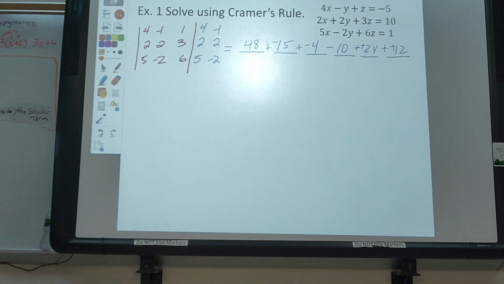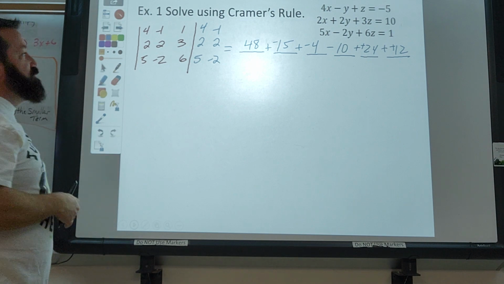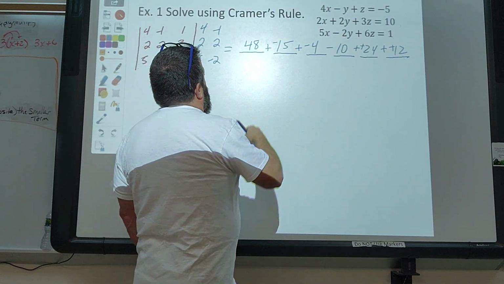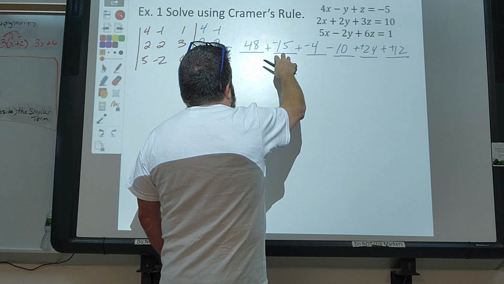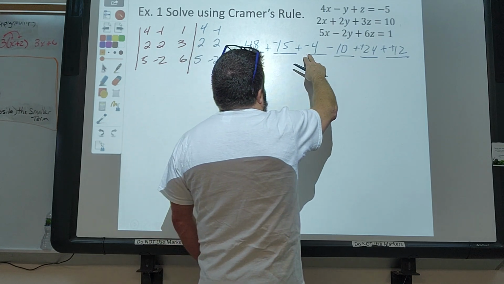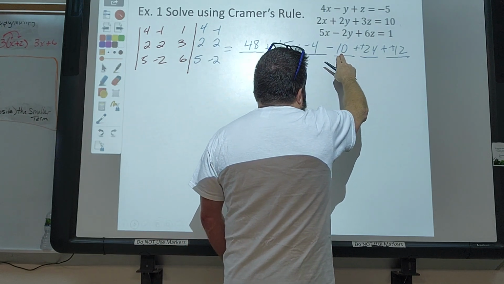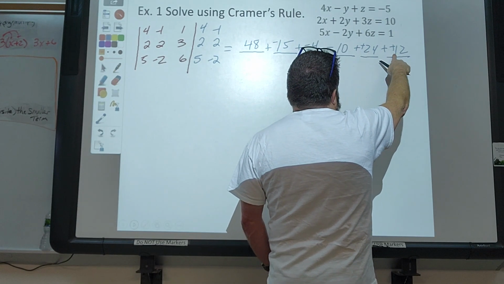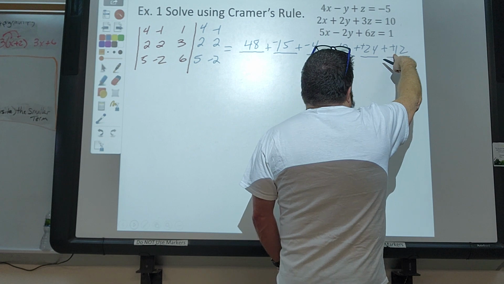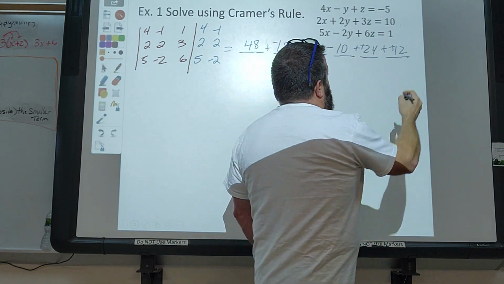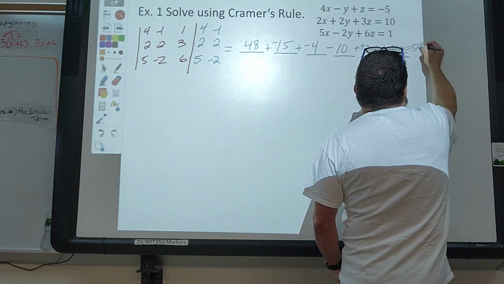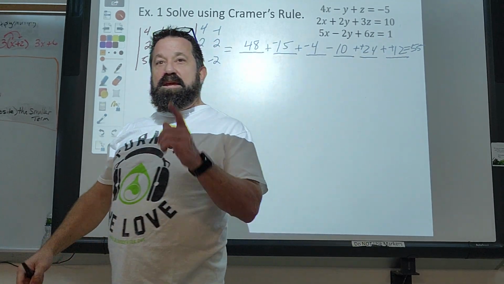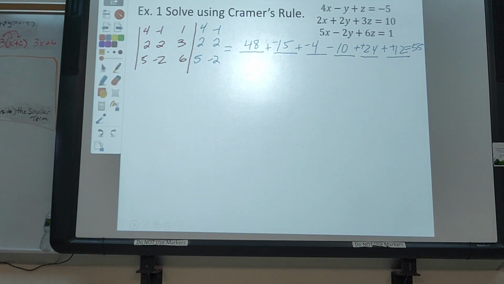So now I need to figure out what that value is. I've got 48 minus 15, that would be 33, minus 4 would be 29, minus 10 would be 19. 19 plus 24 is 43, 53, 55, I believe. This comes out to be 55. I think this is one we actually did on a previous video.